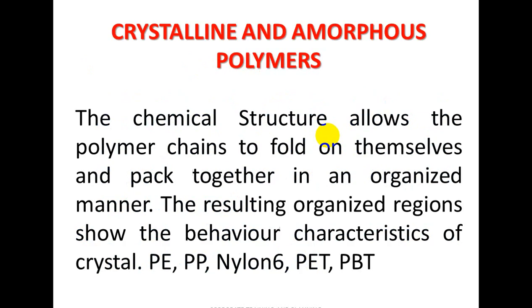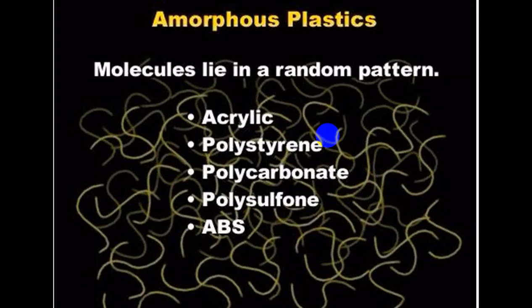Another classification of plastic is crystalline and amorphous plastic polymers. In crystalline plastics, the chemical structure allows the polymer chains to fold on themselves and pack together in an organized manner. This resulting organized region gives the behavior characteristic of the crystal: PE, PP, nylon, PET, PBT. In amorphous plastics, the molecules are in a random pattern, which is called amorphous.